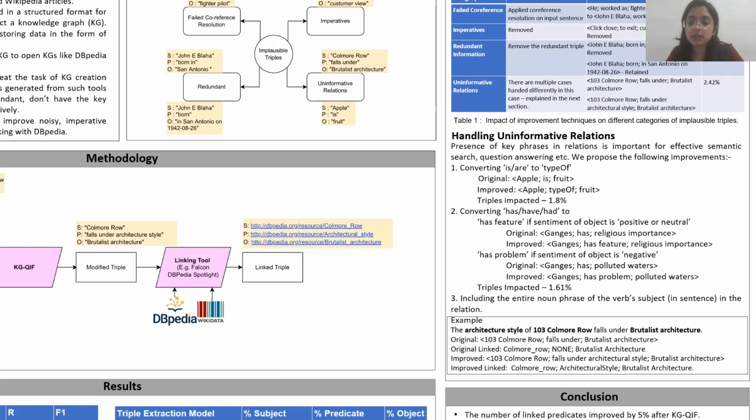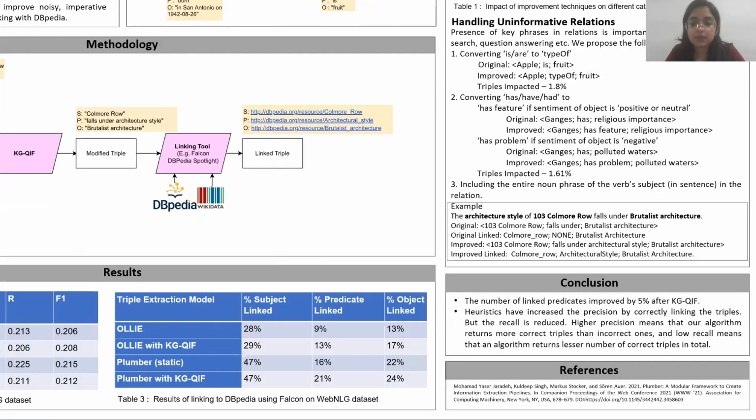In case the entire noun phrase of the verb's subject is not present in the relation of the generated triple, we add the noun phrase. To detect the noun phrase, we use POS tagging and dependency parser. So if the original triple was "103 Colmore Row falls under brutalist architecture", we find the noun phrase that "falls under" refers to, which in this case is the architecture style of 103 Colmore Row.